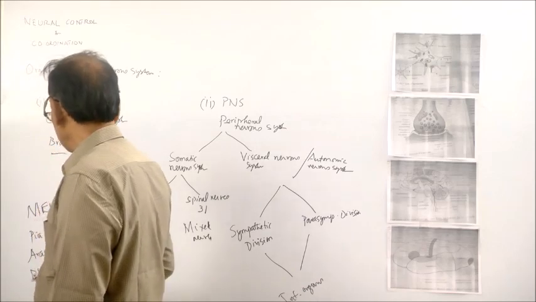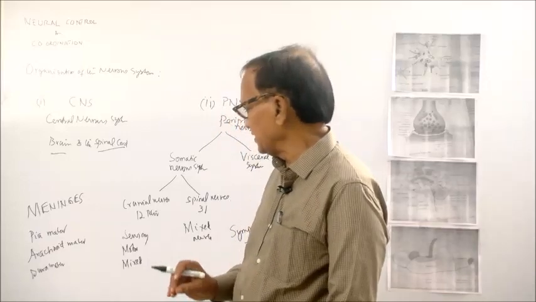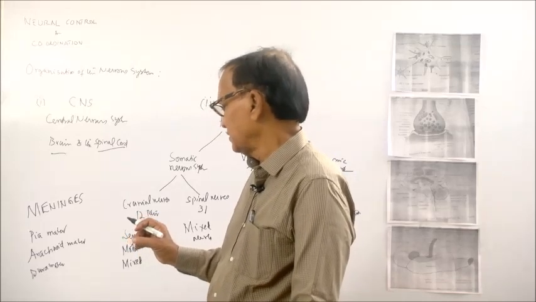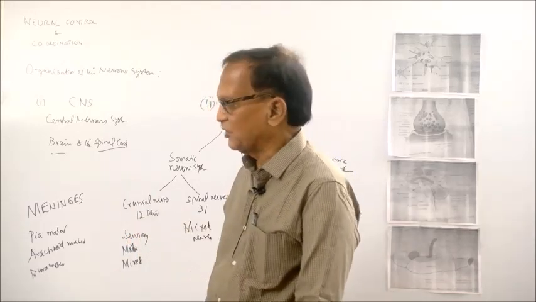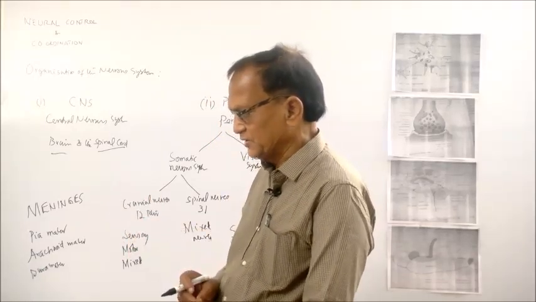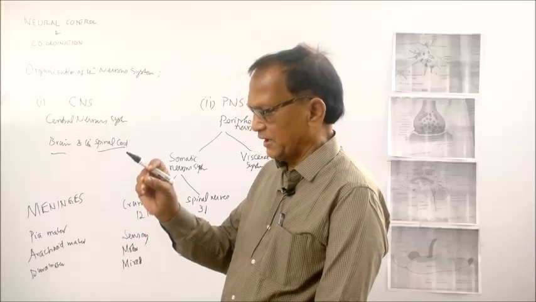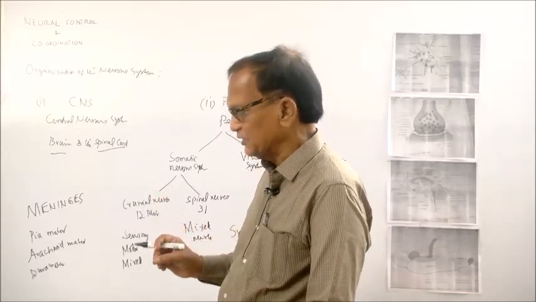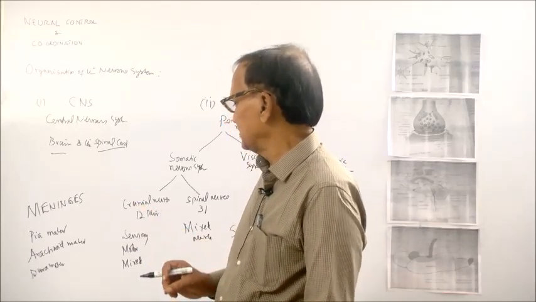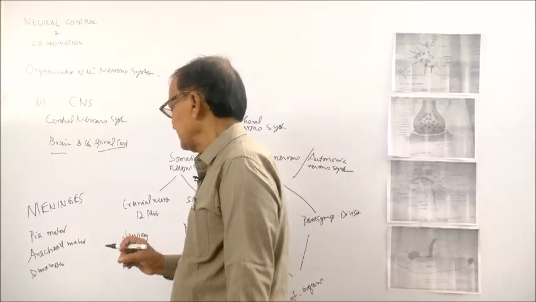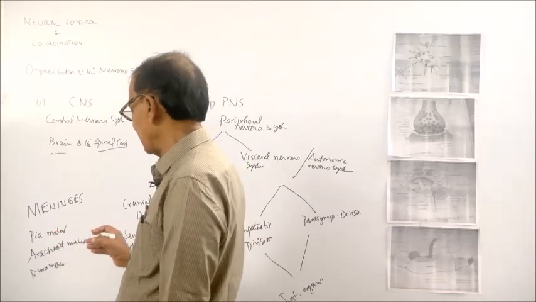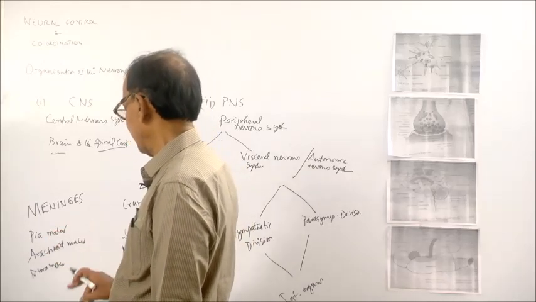Pia mater is a thin, single-layered innermost covering of the brain or the spinal cord, and it is joined to the brain at two places, called the anterior choroid plexus and the posterior choroid plexus. So at these two points in the brain, this pia mater is attached, otherwise it is separate.